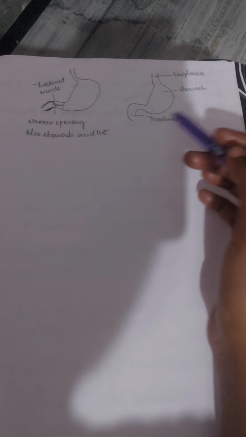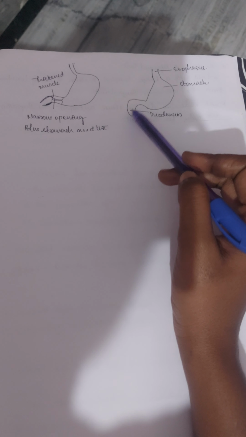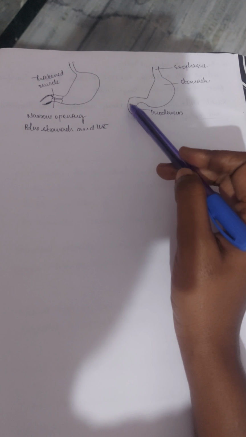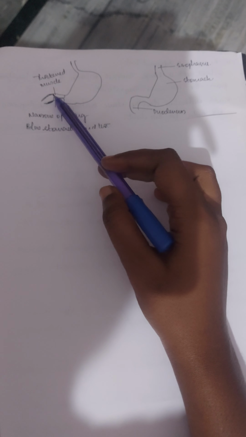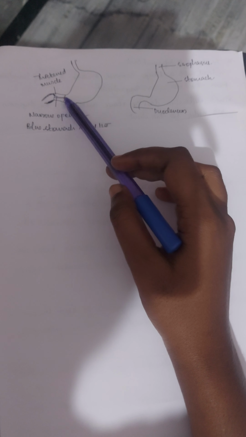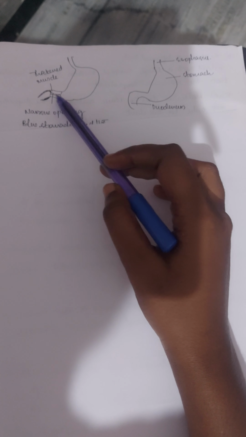Here you can see the normal stomach, the esophagus, stomach and duodenum. There is no formation of any thick layer here, but here you can see abnormal formation of a layer, and it causes a narrow opening.